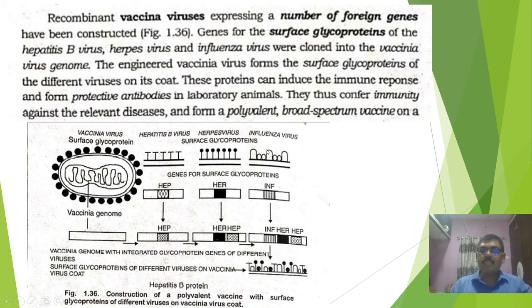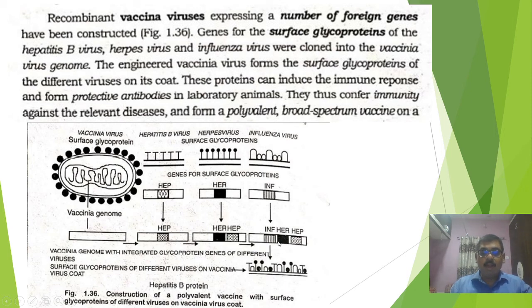And again we have isolated the desired gene from the influenza virus, which expresses such a glycoprotein. Now you are ligating all these three genes with the vaccinia gene. This is the gene for influenza, then herpes and hepatitis.